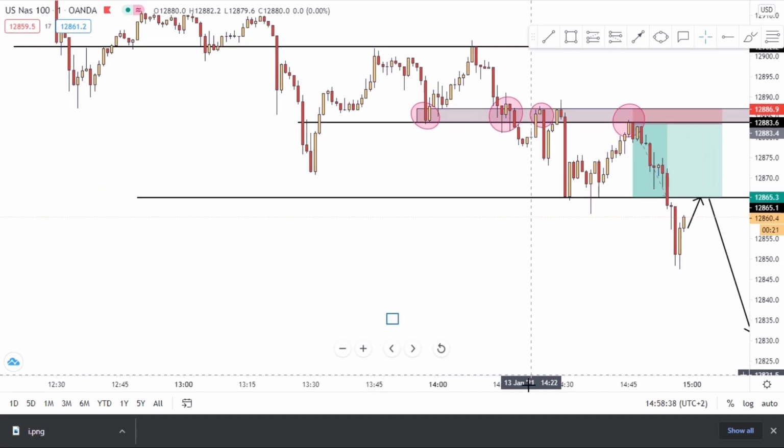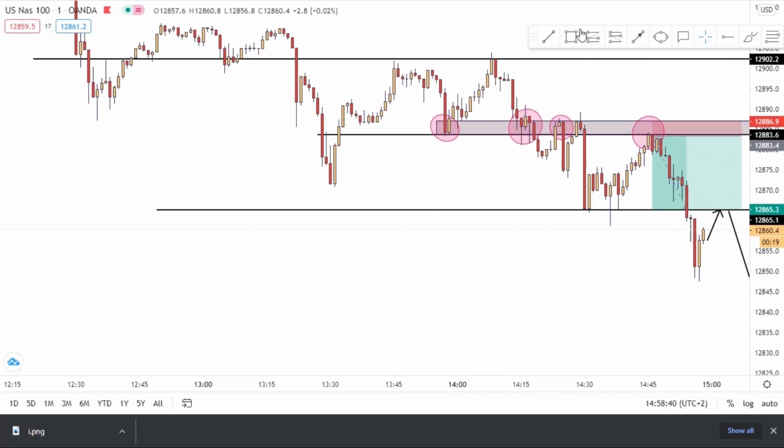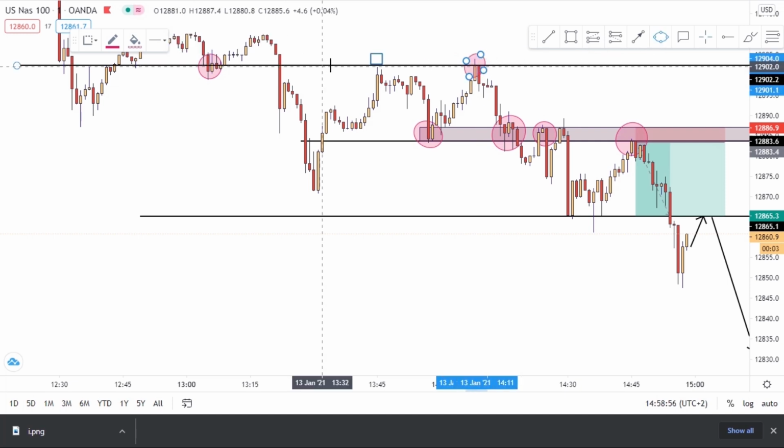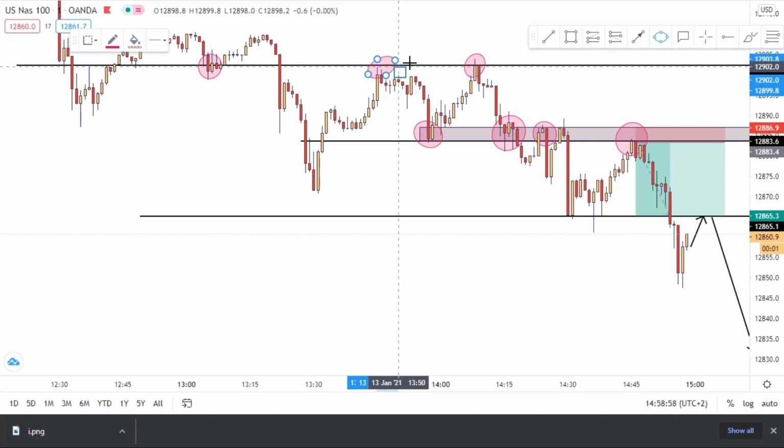You can see, guys, even here the market has been rejecting this support and resistance. It's rejecting left and right, and it's actually rejecting to the downside. It's forming a downtrend on the 1 minute chart. That's how I enter.